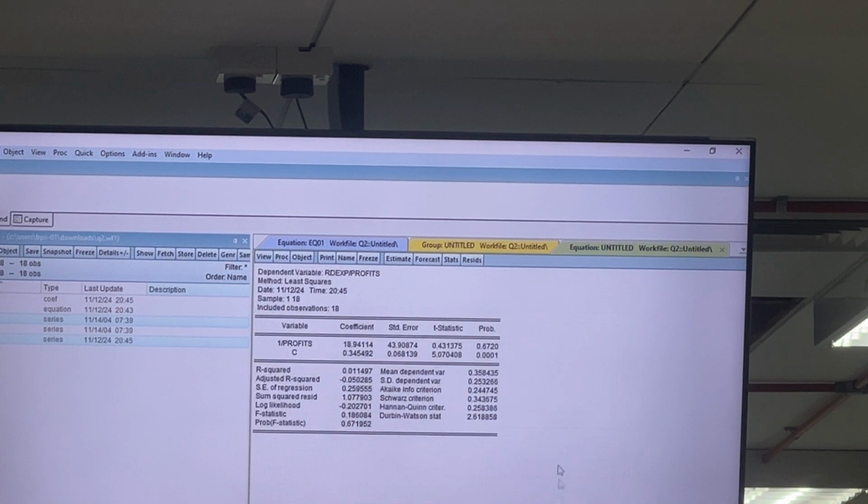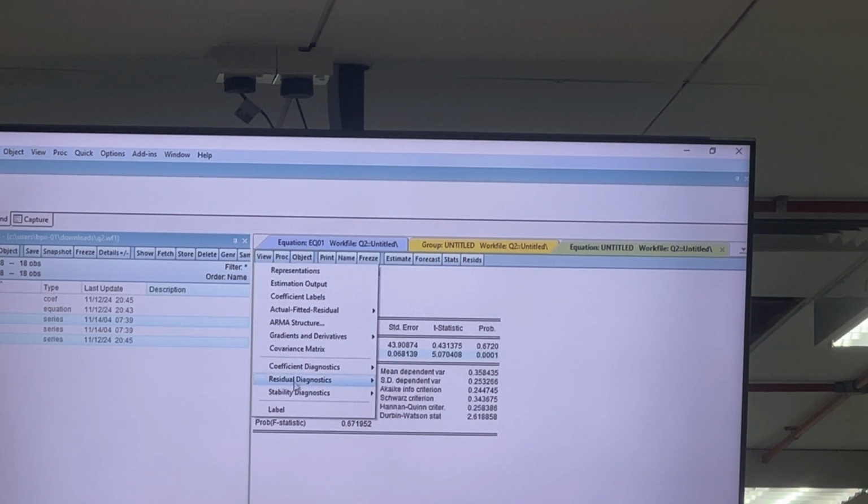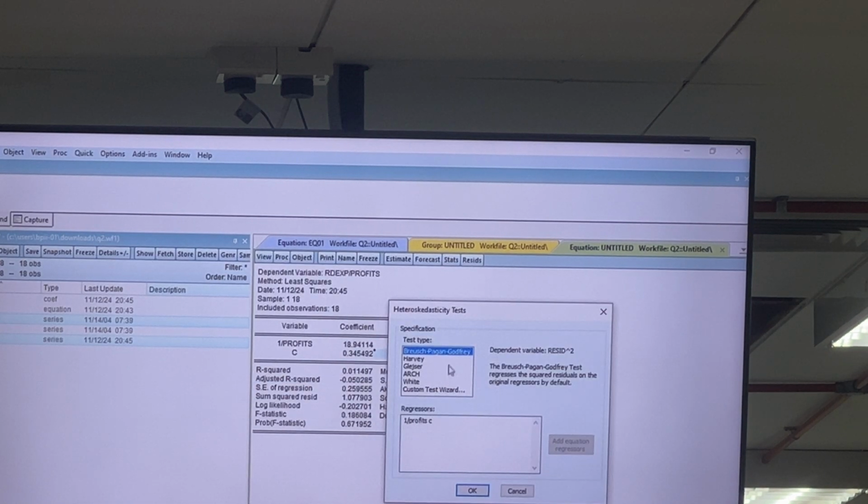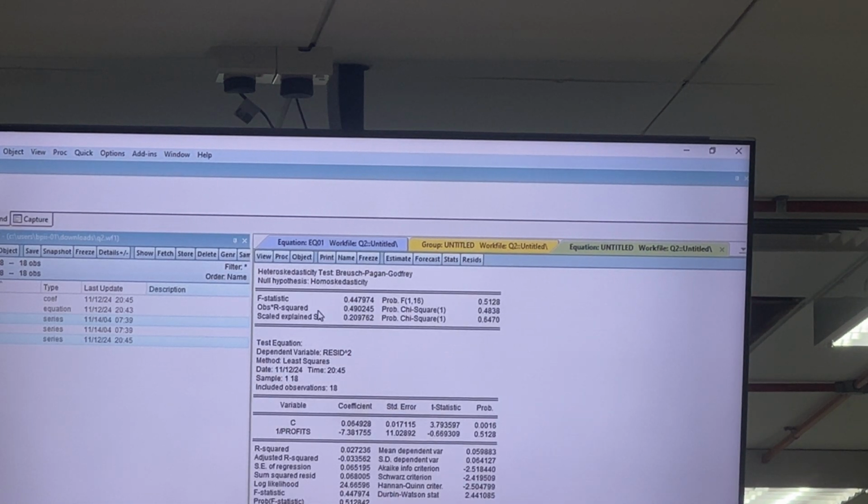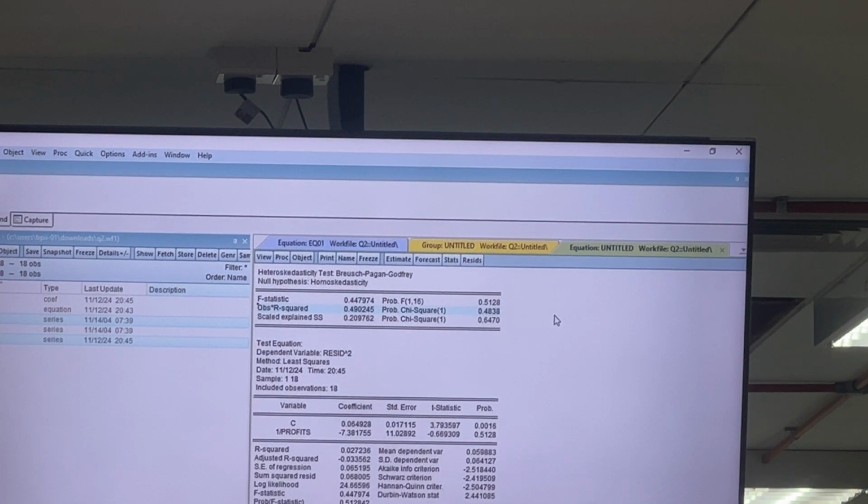Okay, so now to check if this is reliable, you perform the test again. You see the heteroskedasticity is now cured. So it means the error variance is proportional to x squared instead of x. So you use this one to resolve the problem.